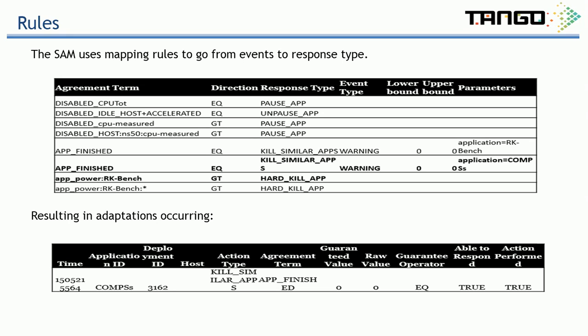And this is restricted to applications which are called comps. The second rule that is highlighted is the application power consumption. If the power consumption reaches over a given threshold, then the application will be killed off.